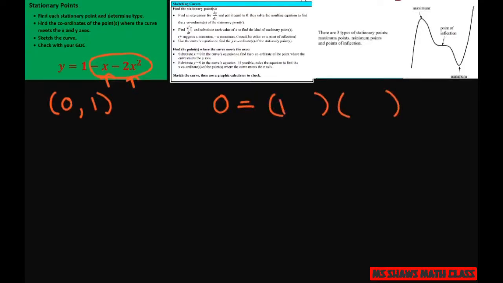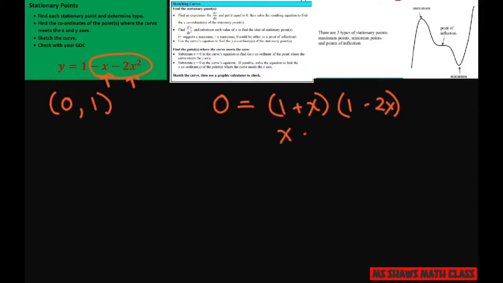Now the only thing else we need to do is find our x and y intercept. When x is 0, we're going to get y is 1. You just plug in 0 here. And when y is 0, we're going to factor this. And we get 1, 1, I'll put negative 2 here, and positive x here.